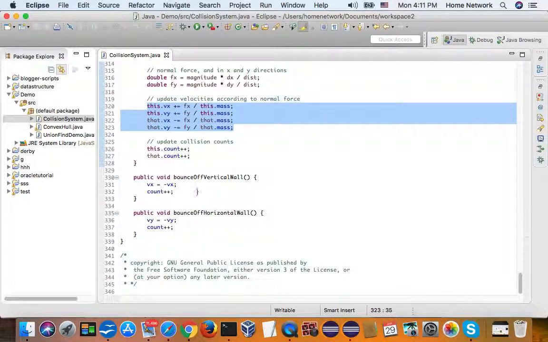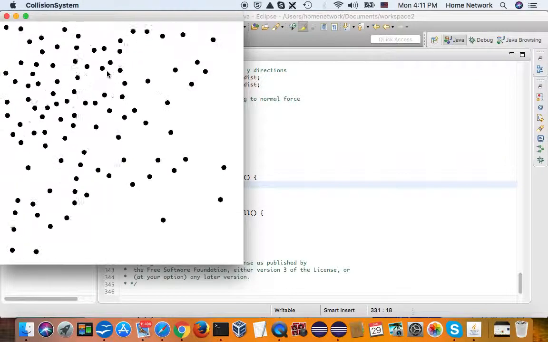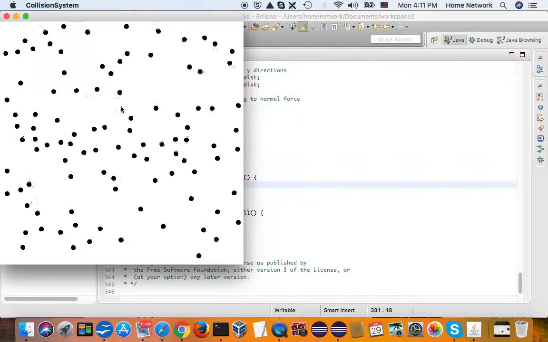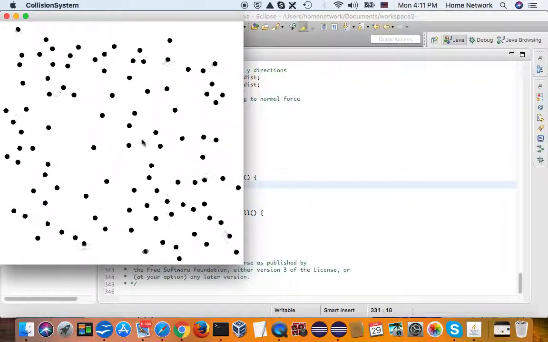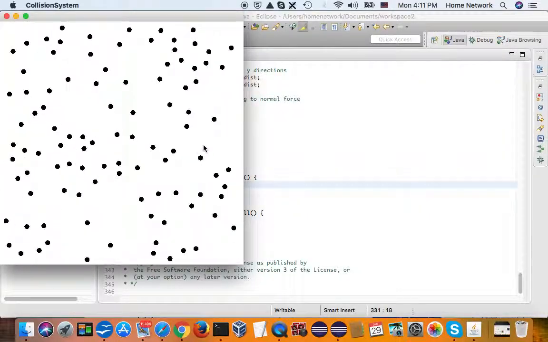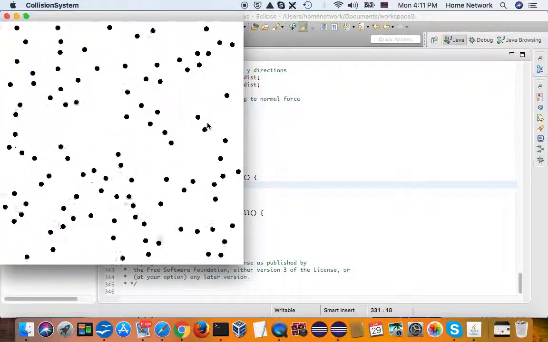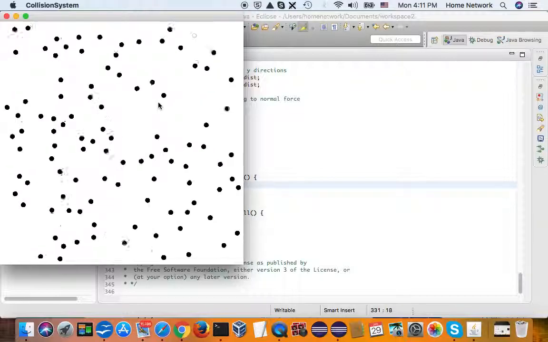And that's it. We run the program. It's bouncing. We only do the calculation when the collision happens and do nothing between collisions.